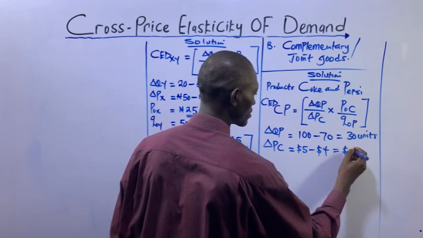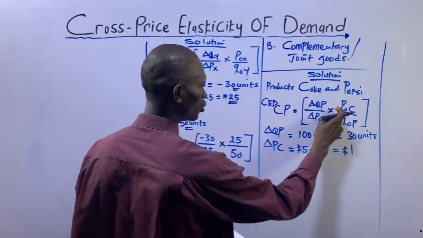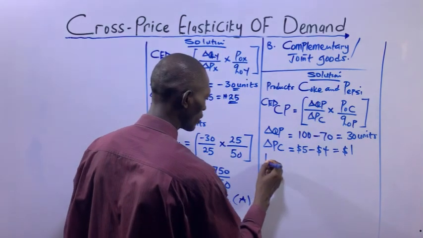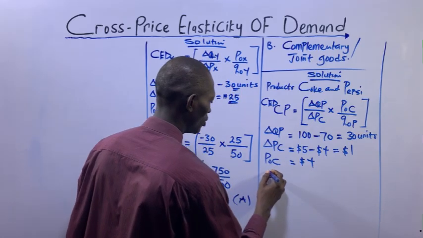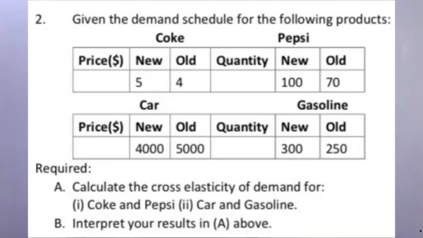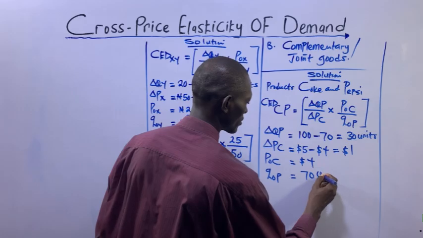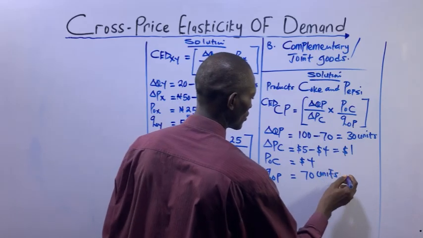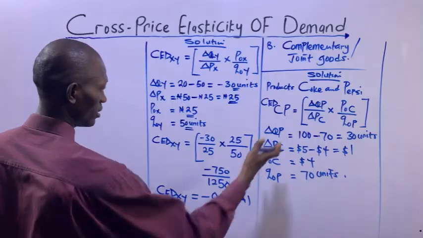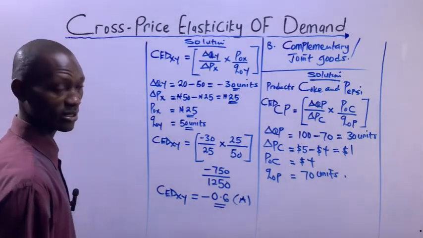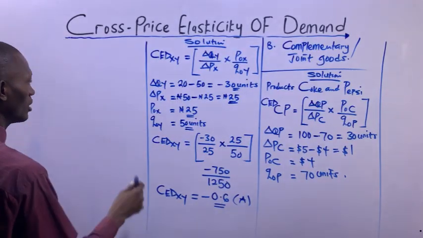Then that gives us $1. Then old price of Coke, that's $4. Then old quantity of Pepsi, that is 70 units. So having gotten all this, let's slot it into the formula and get our cross price elasticity coefficient for Coke and Pepsi.